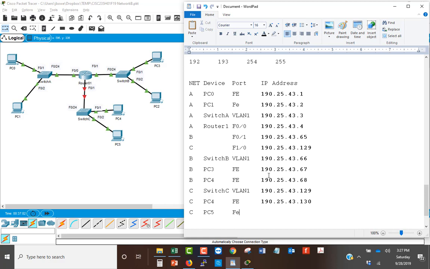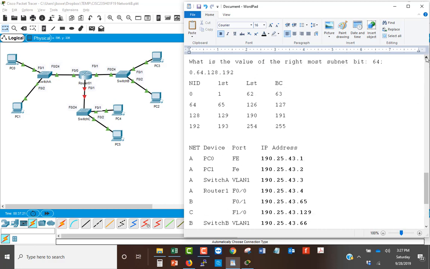Then PC5, and we'll do 131. So again, I've used a different pattern for assigning IP addresses. Use whatever pattern you like, as long as it's within those ranges.